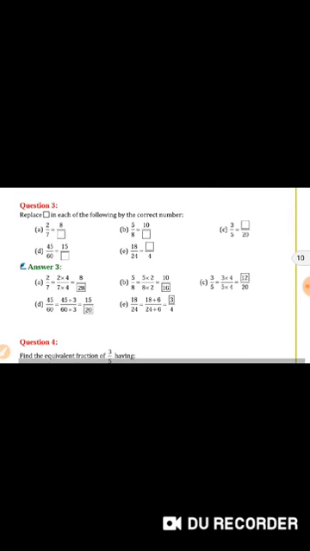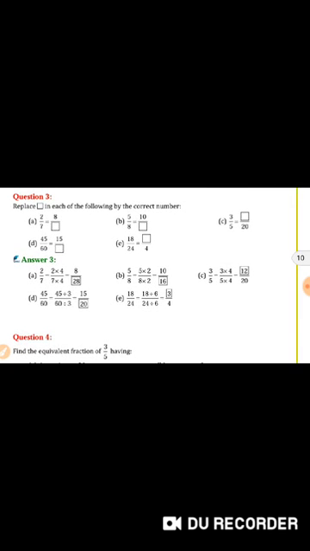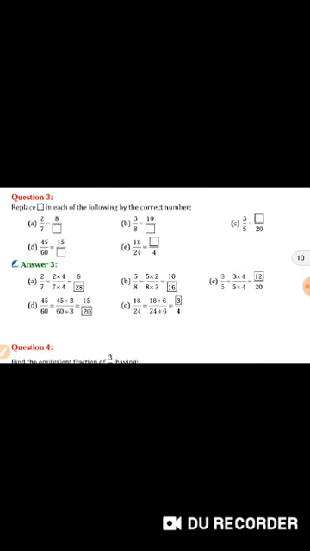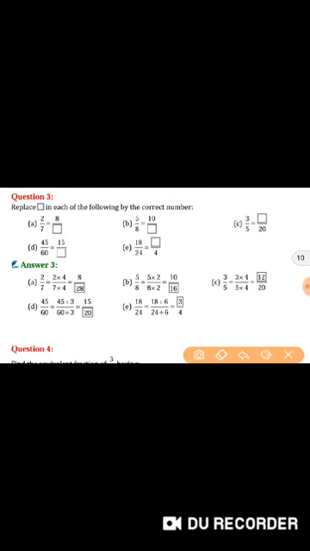So next, question number 3: replace the box in each of the following by the correct number. So we have to fill up the blanks. Equivalent fractions means we have to multiply a common number with the numerator and denominator, then only you will get equivalent fractions. So here, how can we fill it?